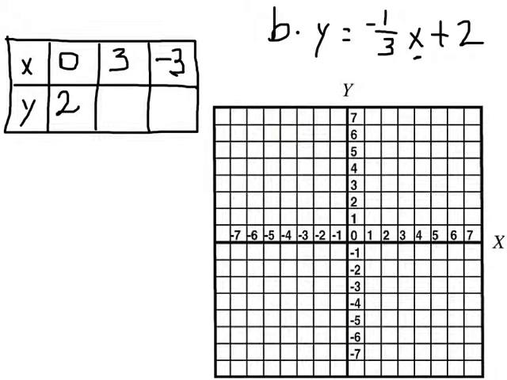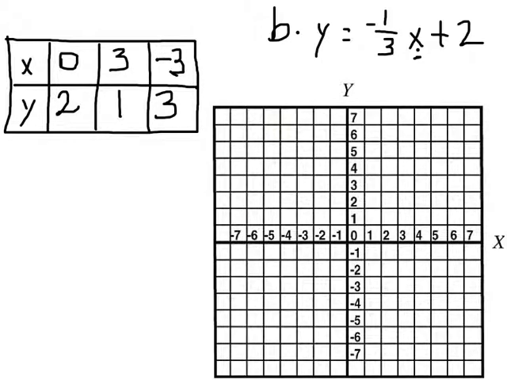If I plug in a positive 3 for x, -1/3 times positive 3 equals -1, and -1 plus 2 is going to give me positive 1. And then finally I chose -3. -3 times -1/3 gives me a positive 1, and positive 1 plus 2 is positive 3.